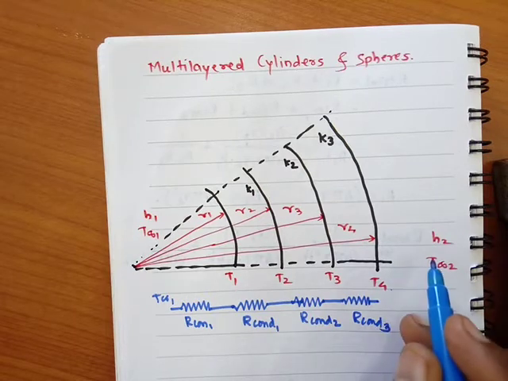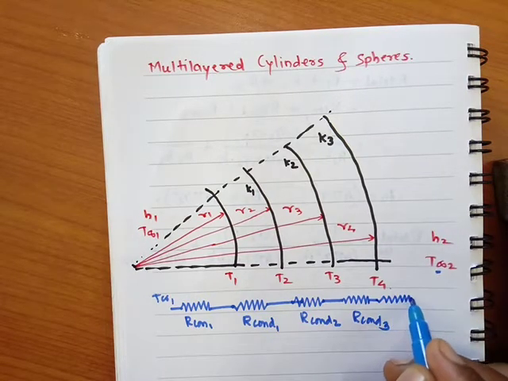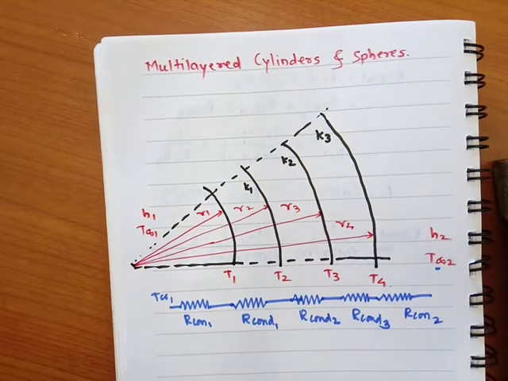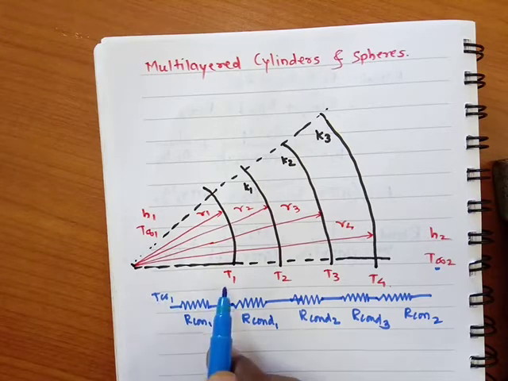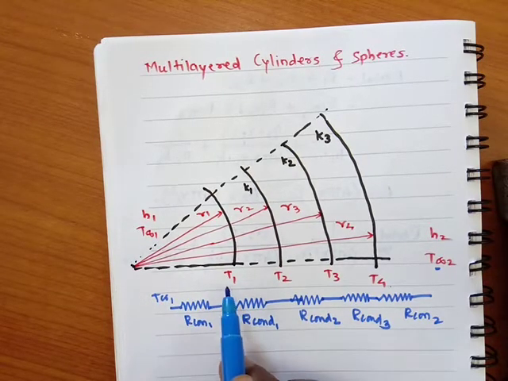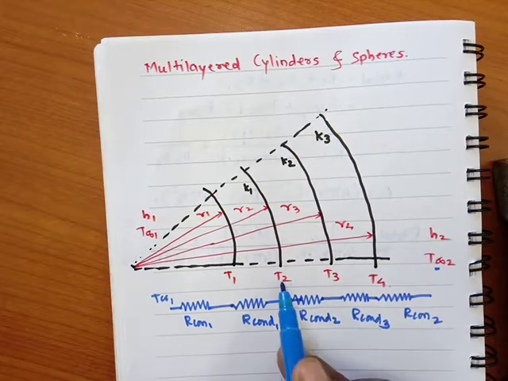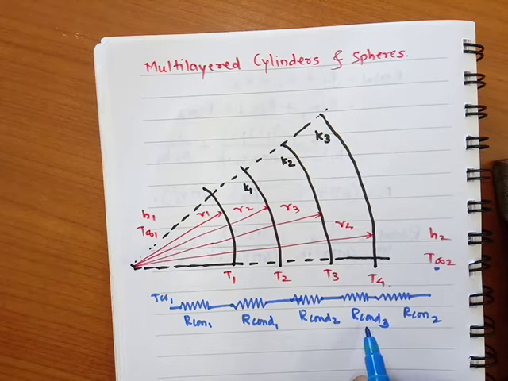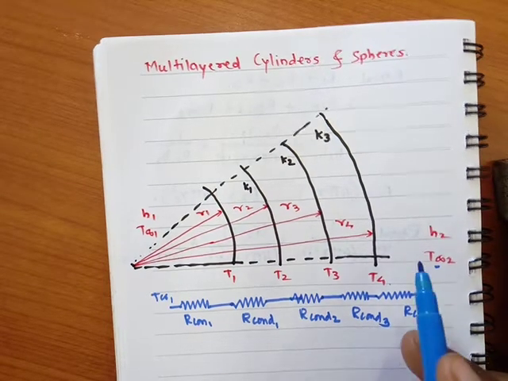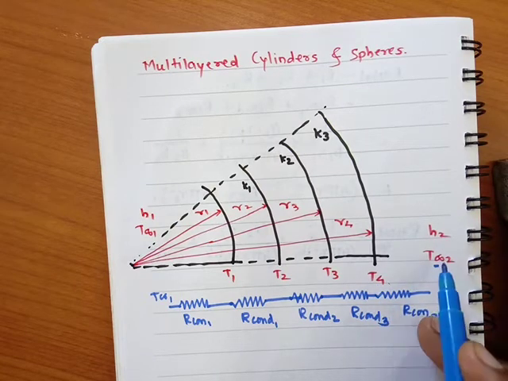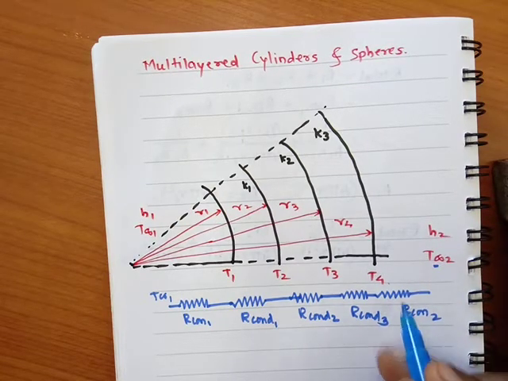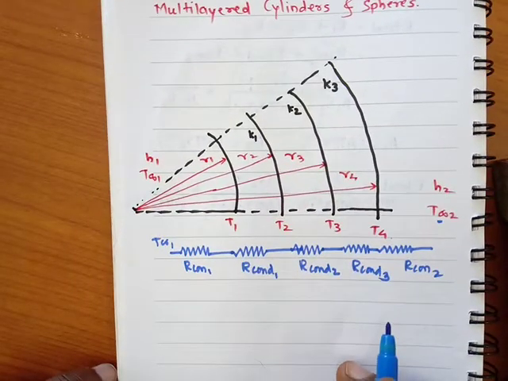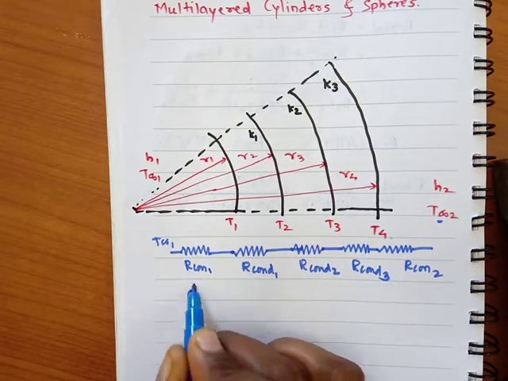Outside, there is heat transfer by convection, so the resistance is R convection 2, from T4 to T infinity 2. All these resistances are in series.